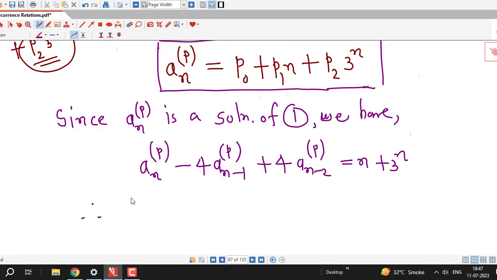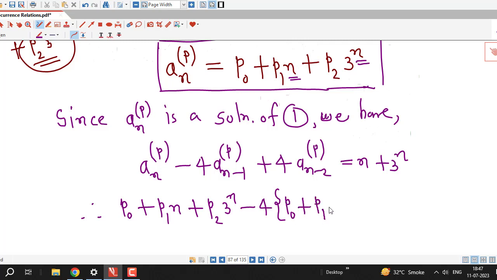Now we have a_n^p equal to p0 plus p1n plus p2 times 3 raised to n, minus 4 times a_{n-1}^p. So we replace n by n minus 1 everywhere in a_n^p: p0 plus p1 into n minus 1 plus p2 into 3 raised to n minus 1, and plus 4 times a_{n-2}^p.